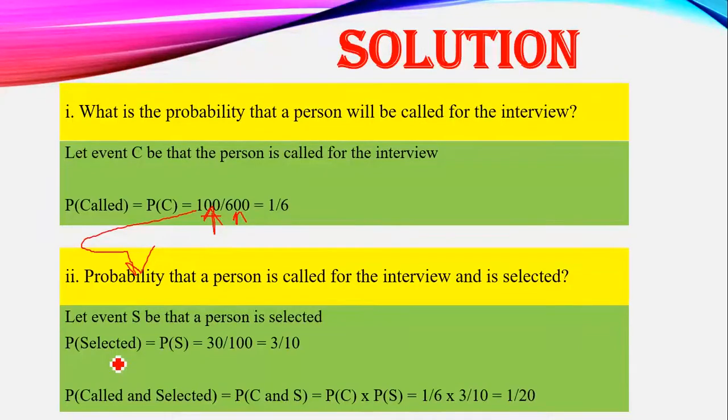So the probability of getting selected will be given by 30 out of 100, where 30 is the number that we are looking for, or the number of persons to select out of the persons who will be available. So we are selecting from a population of 100, and we are choosing 30. And therefore, the probability of getting selected is 30 out of 100, which is 3 out of 10.